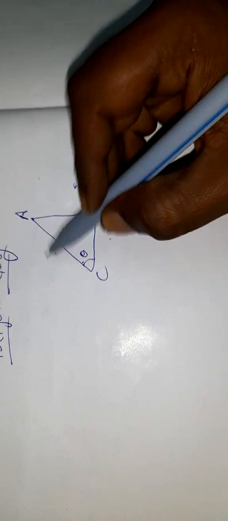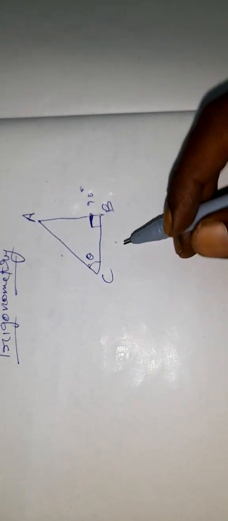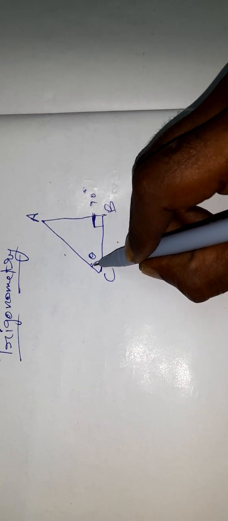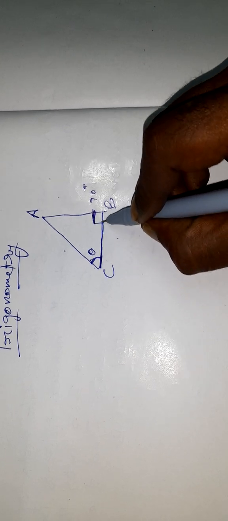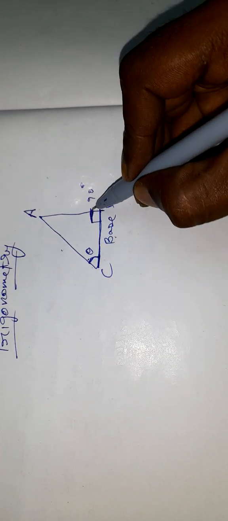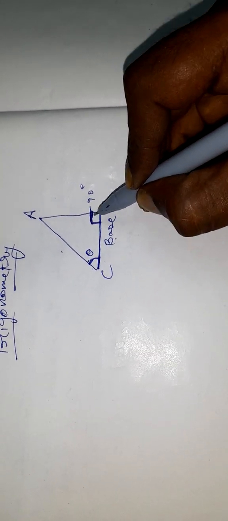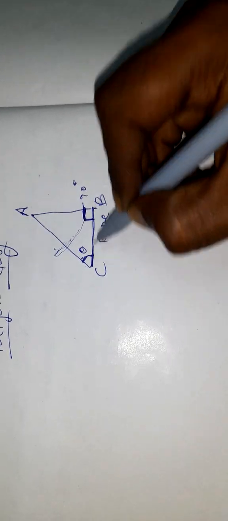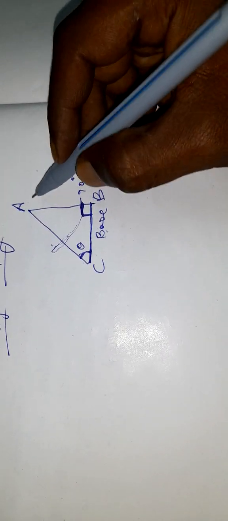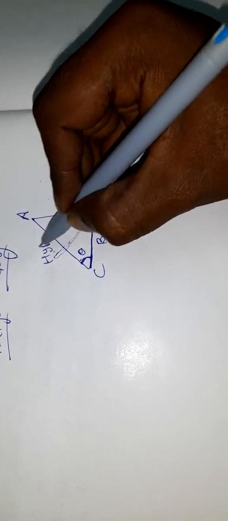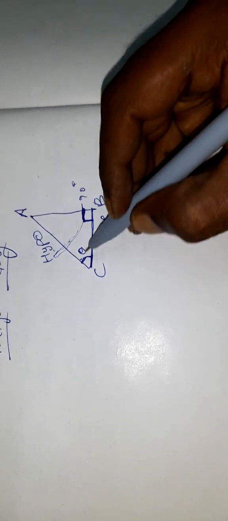Now I am going to tell you what the sides are called. The side which contains the theta angle is called the base. Opposite to the 90 degree angle, this side is always the biggest side of the triangle, bigger than AB and CB. This is the hypotenuse.